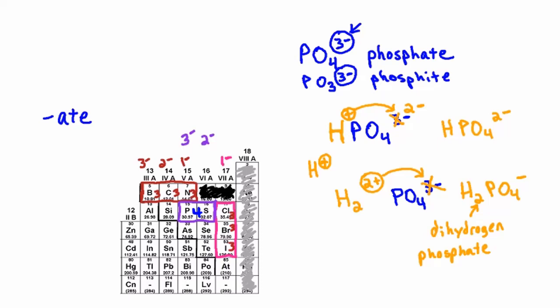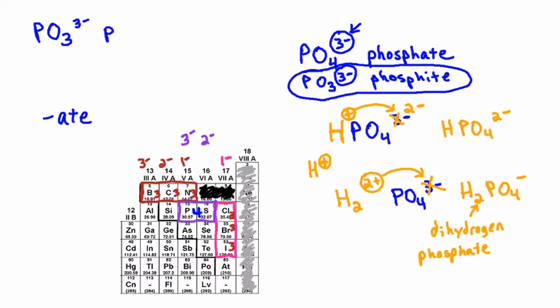Now the same thing goes for phosphite. Remember, phosphite is when we've taken an oxygen away, so we have PO3. So PO3 with a -3 charge is phosphite. If we add a hydrogen to this, for hydrogen phosphite, that hydrogen has a positive charge to it.